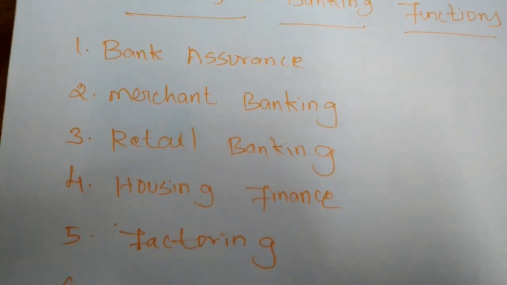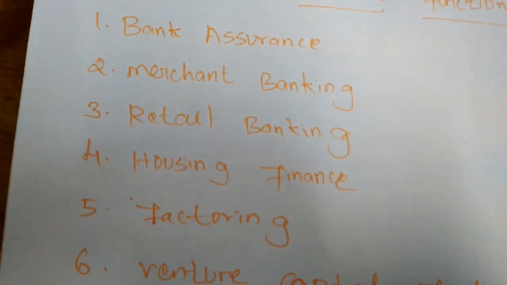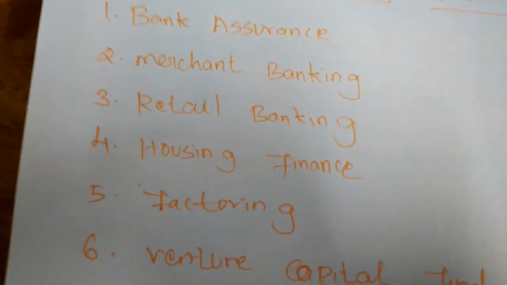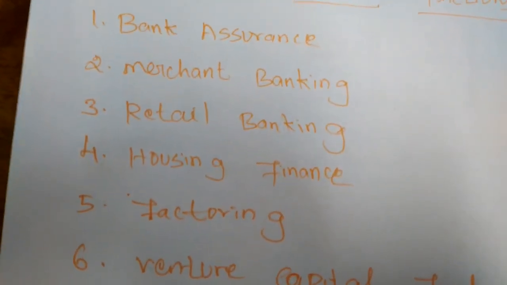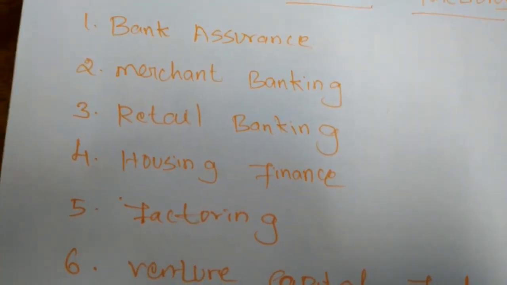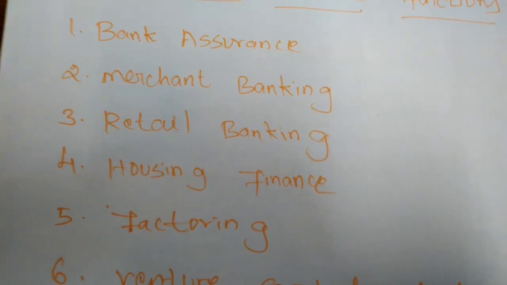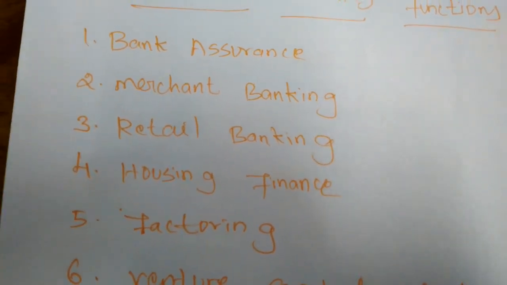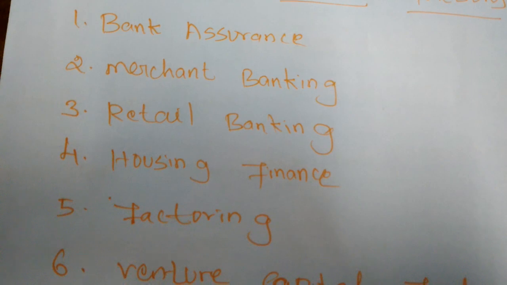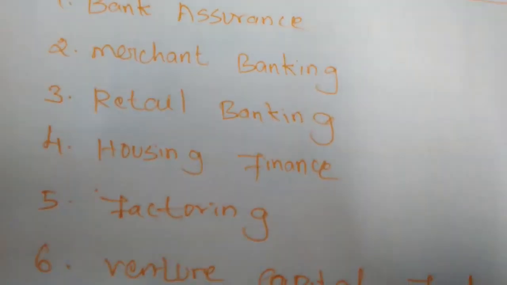merchant facilities. Next, retail banking or personal banking. It refers to mass market banking which reaches out to a large number of individual end customers. Apart from accepting deposits, their services include personal loans, vehicle loans, consumer durable loans, etc. Next, housing finance.